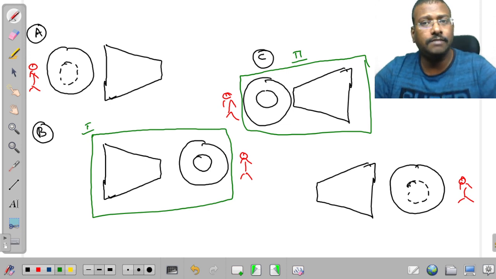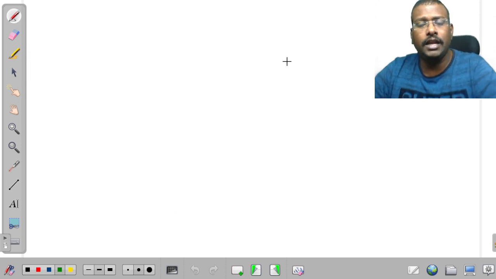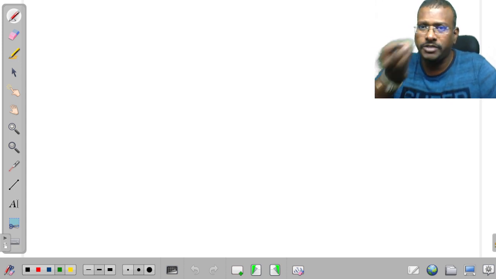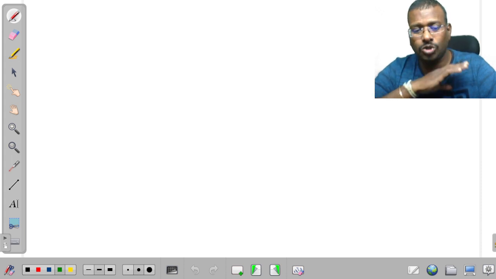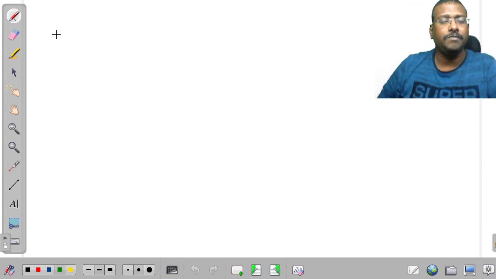And one more thing, sir. So next one is how to represent the object. What is the notation to be used for the object? What is the notation we have to give for front view, top view, side view? This is also most important to you, my dear friends.